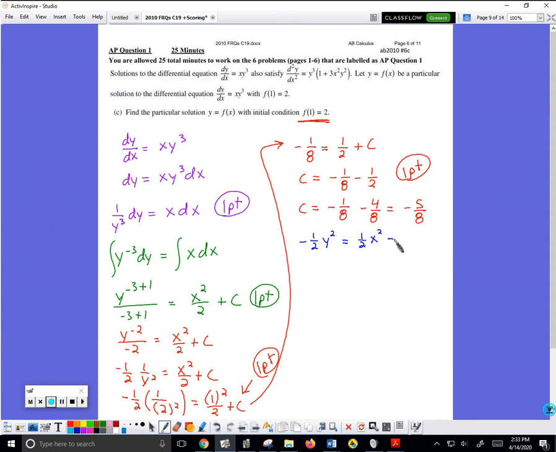Constant is minus 5/8. Now I have to isolate the y. So I'll multiply both sides by negative 2. That means the negative 2 has to distribute here and here. So I'm going to get y squared equals negative 2 times this. These will divide out. I'll get negative 1 x squared. Negative times negative is positive. The 2 and the 8 will divide to make 1 over 4. So this will be plus 5/4, like that.